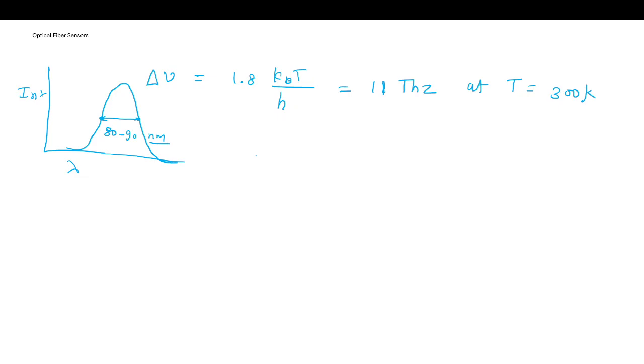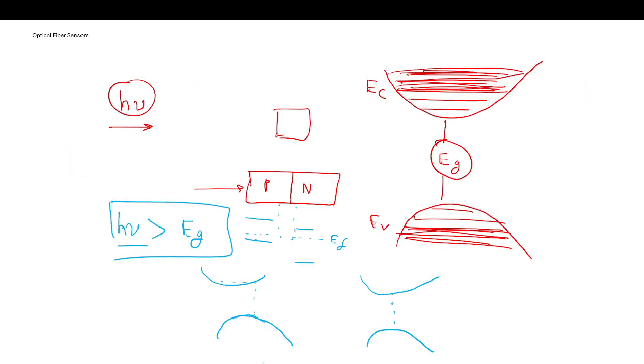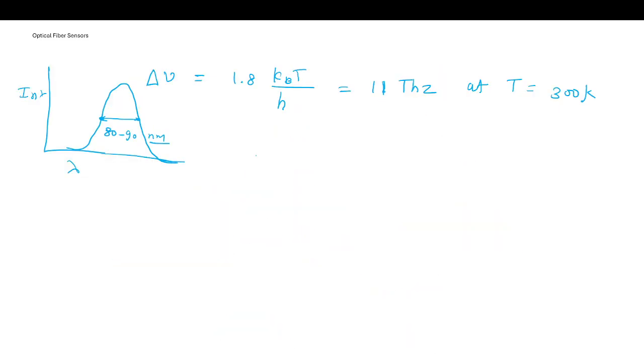And if you are talking about the power of the laser, how can we calculate it? This is for the light source.